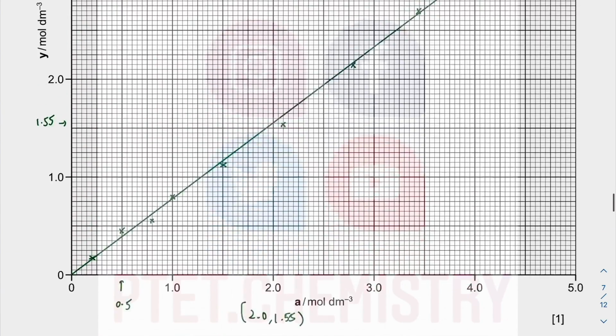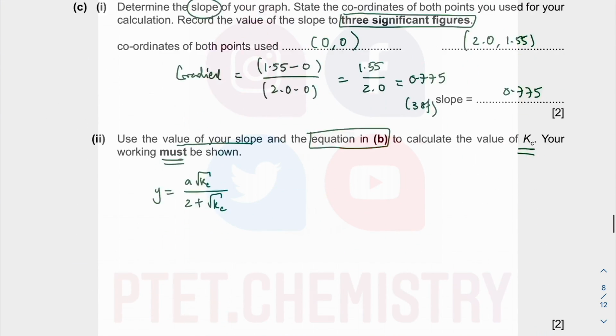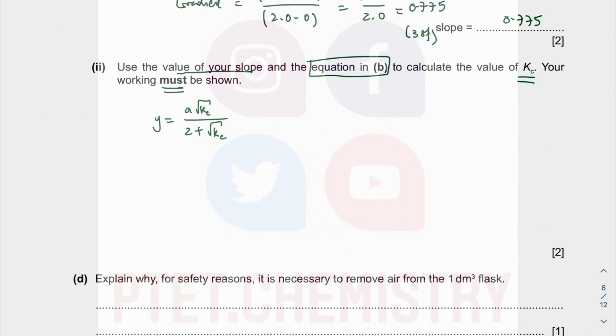The graph you drew was y against a. I hope you can see that this is your y-axis and this is your x-axis. This bit there is basically your gradient.